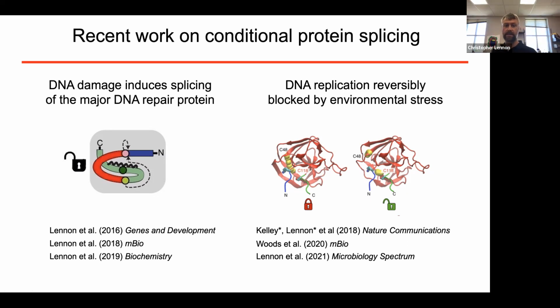You have your protein in this inactive state, the stress comes along, and it causes splicing. We also have an example where DNA replication is reversibly paused, where splicing is paused by a number of relevant environmental signals. And this is work that started in my postdoc and I've brought here to Murray State.